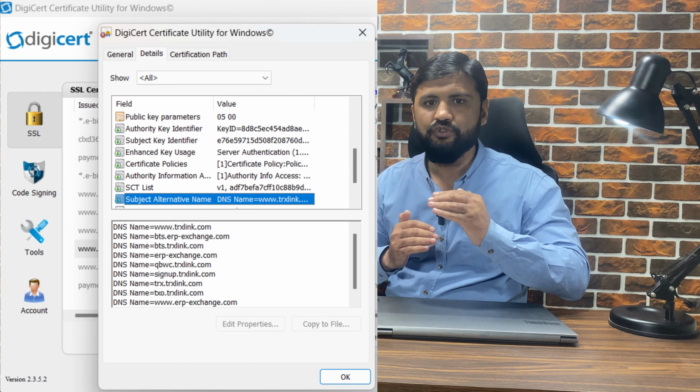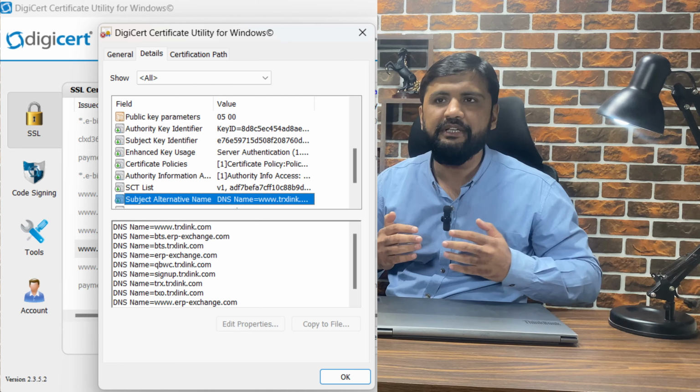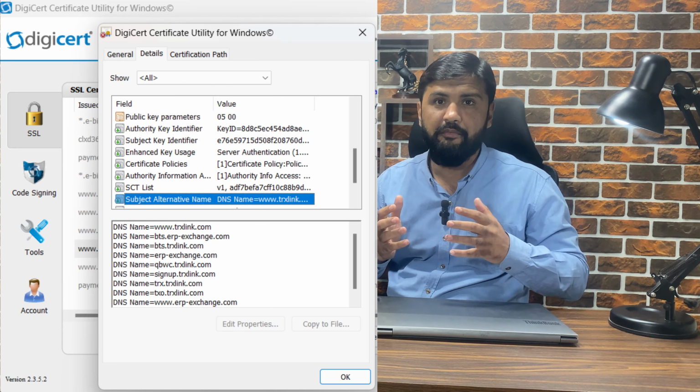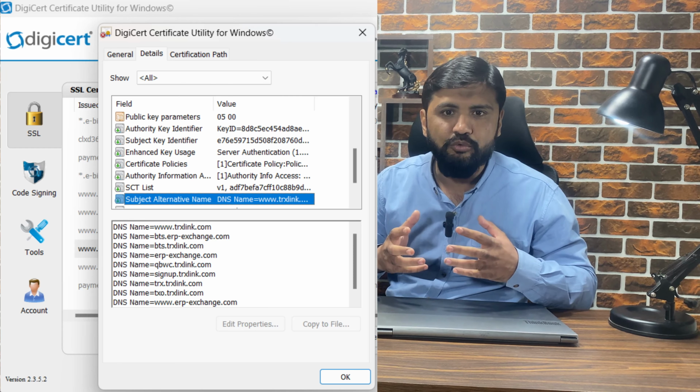So in that scenario we have another important type of certificate, known as the UCC certificate. These certificates have the capability by which they can merge multiple primary domain names.